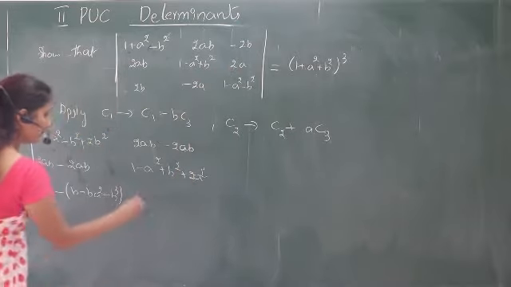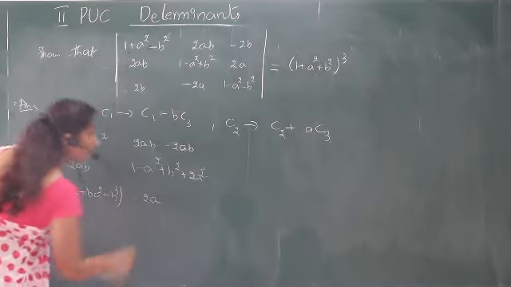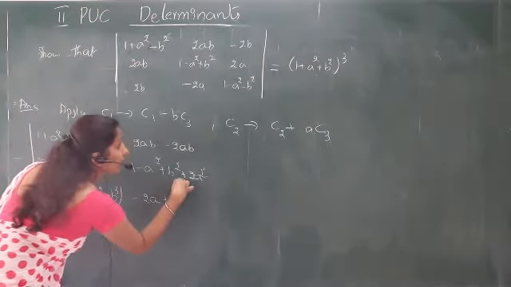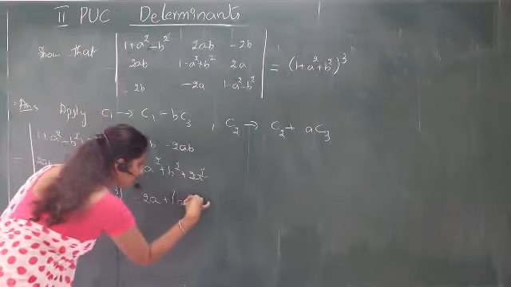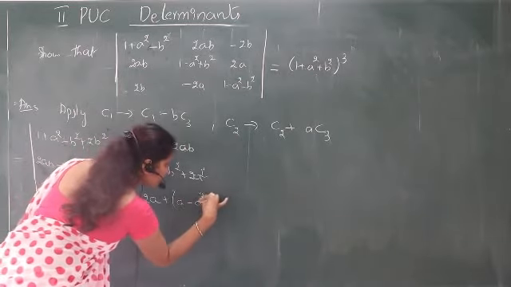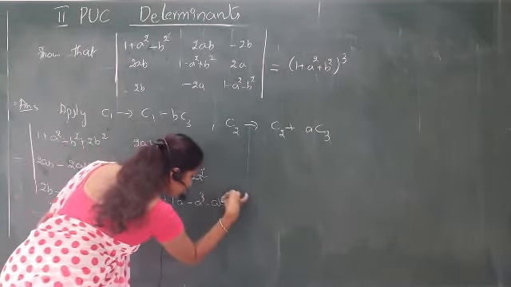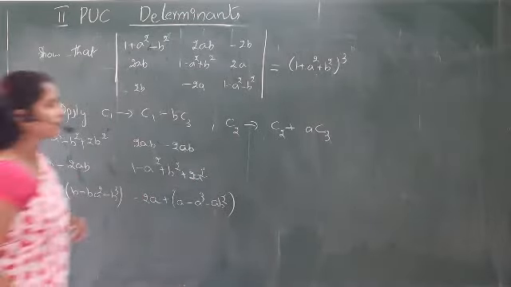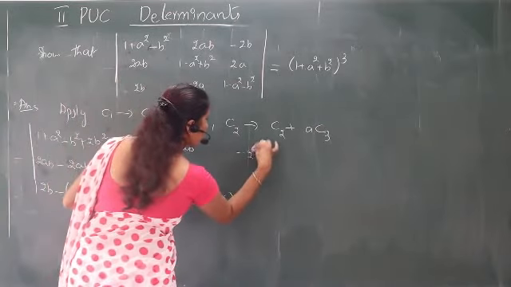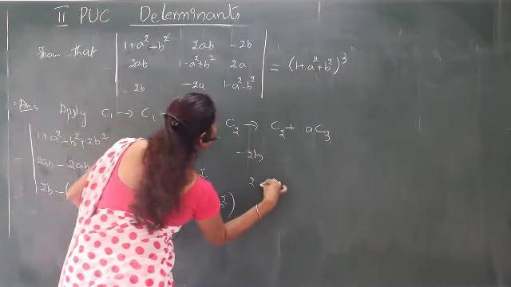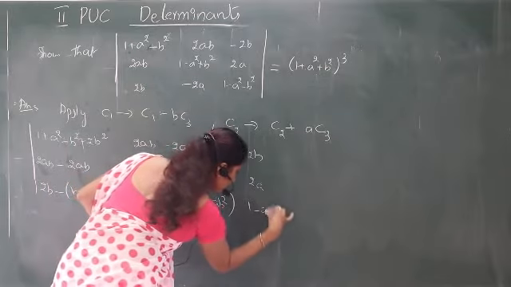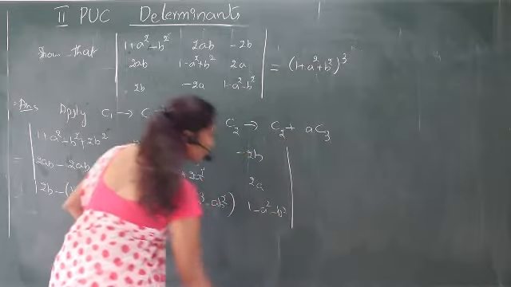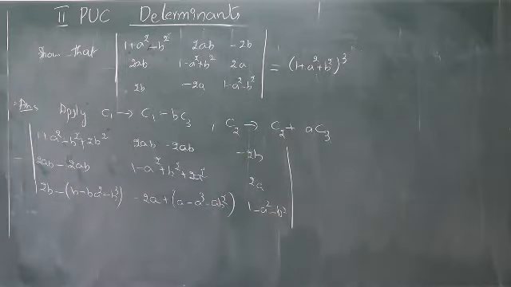Then minus 2A, then plus A into A minus A cube minus AB square, multiplied by A and adding. The last column as it is: minus 2B, 2A, 1 minus A square minus B square. So this I got using that operation.